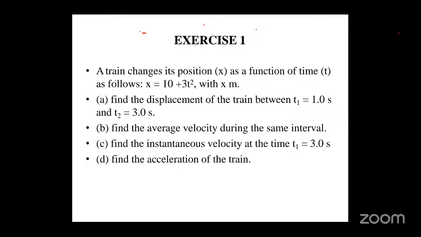So here we have another exercise. The question says, a train changes its position x as a function of time as follows: x is equal to 10 plus 3t squared, where x is measured in meters.